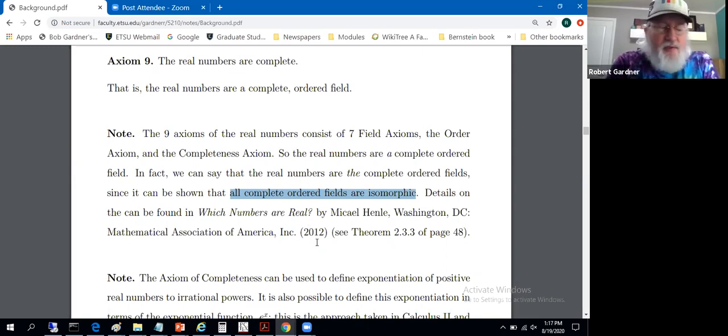The proof of this, it's really tedious. You know what it means to show 2 fields are isomorphic, and you do that in algebra, field isomorphisms. You have to take into consideration the ordering and show that the field isomorphism preserves the ordering. So then we would have an idea of an isomorphism between ordered fields. And then you have to deal with the completeness.